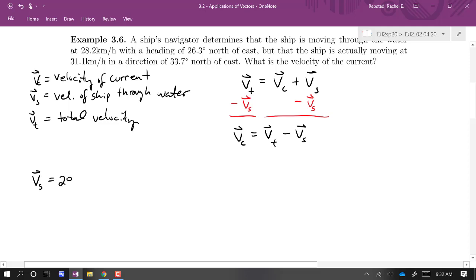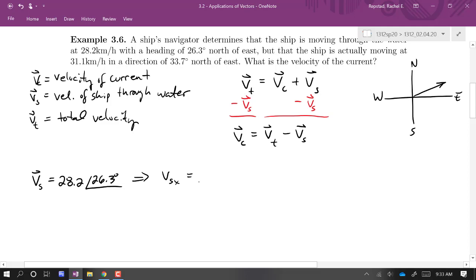At an angle of 26.3 degrees north of east. North of east is really the standard position angle, as measured from the positive x-axis. So we don't need to make any adjustments. Both of those vectors give us the angle north, as measured from the positive x-axis. So we could find the x and y components.